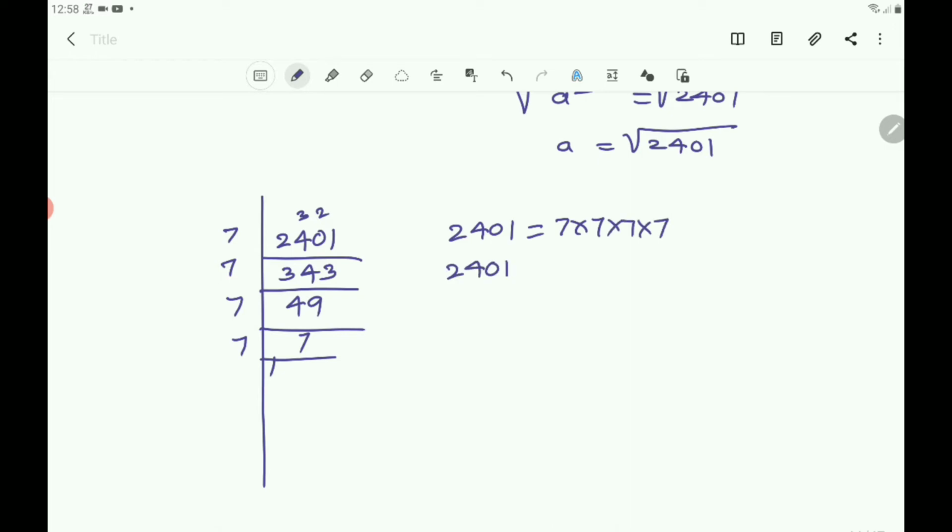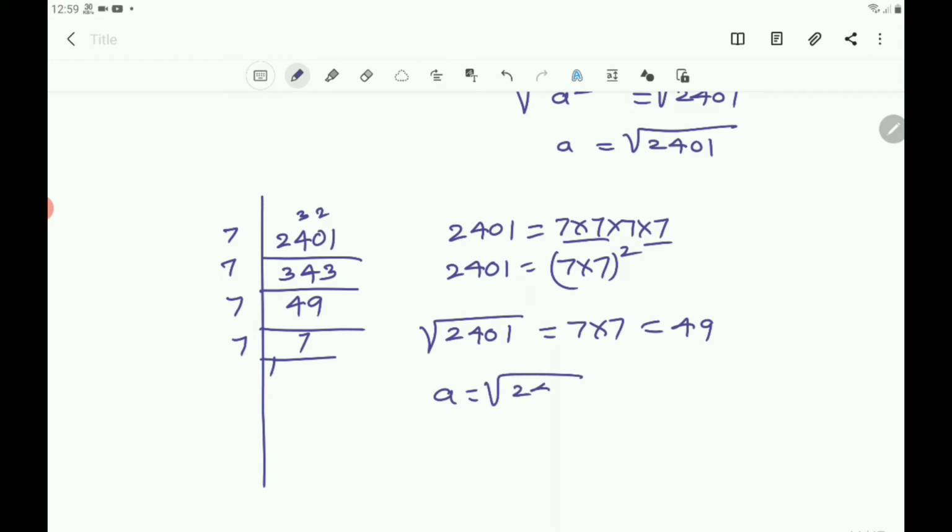So 2401 equals 7 into 7, and you make the groups of 2, 7 into 7 whole square. Then square root of 2401 equals 7 into 7 equals 49. So A equals square root of 2401 equals 49.